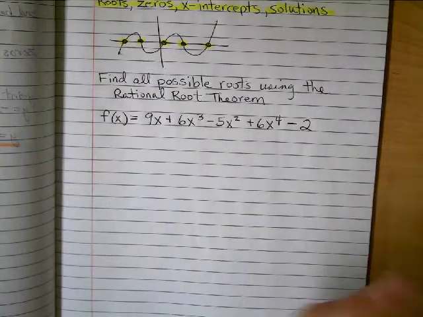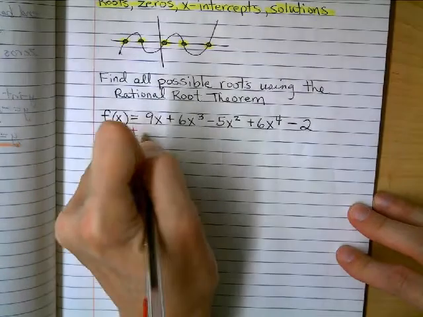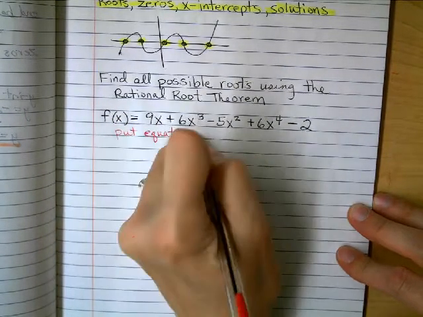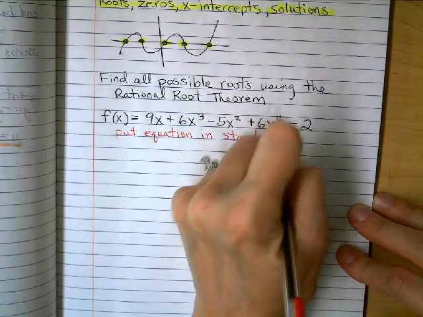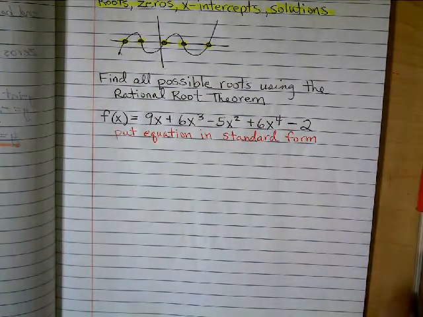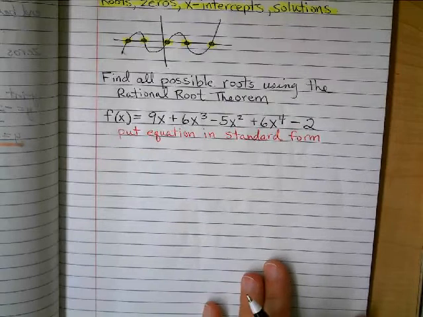Okay, the first thing you have to do is put the equation that I just gave you in standard form. The equation I gave you is kind of all mixed up.